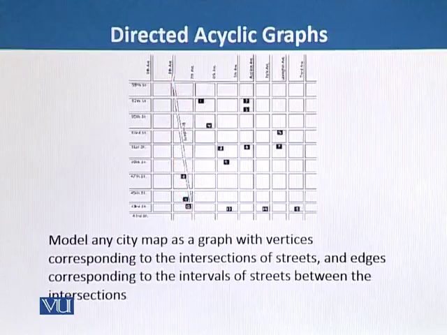So if we model any city map as a graph with vertices that correspond to the intersections of streets and edges corresponding to the intervals of streets between the intersections. For example, we can see that this is an intersection, and we consider it as a vertex.